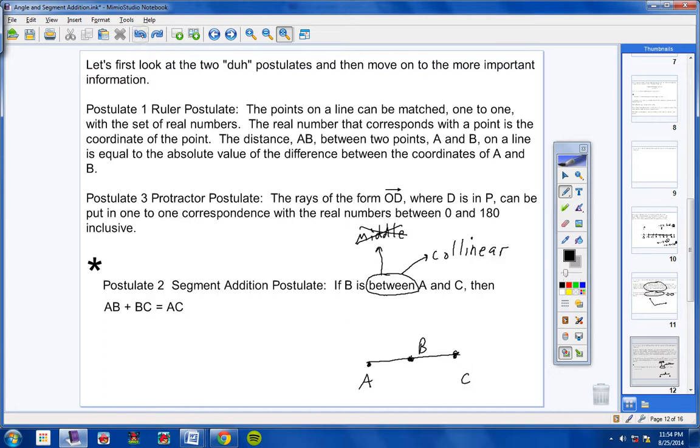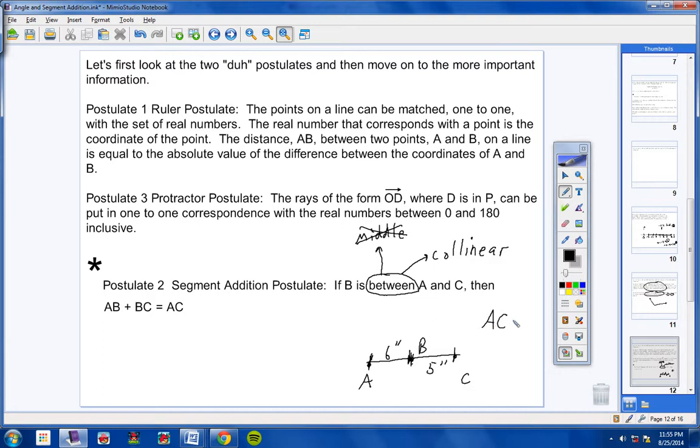And when this happens, now look at this, AB, that means this segment right here, plus BC, this segment here, equals the entire segment AC. And doesn't that make sense? I mean, think about that for a second, students. If I told you the measurement from A to B was 6 inches, and I told you the measurement from B to C was 5 inches, and I asked you to find the measurement of AC, you would say, well, that's easy.